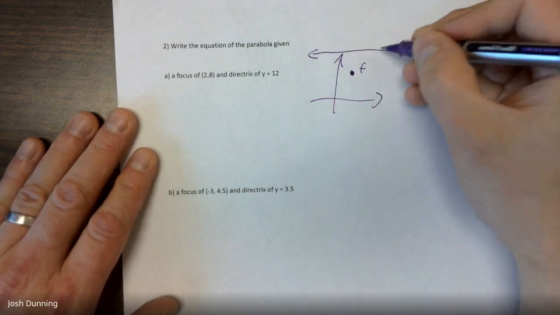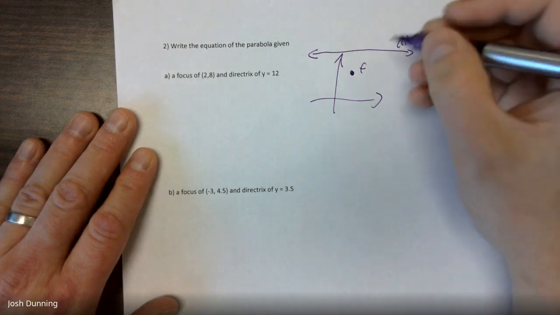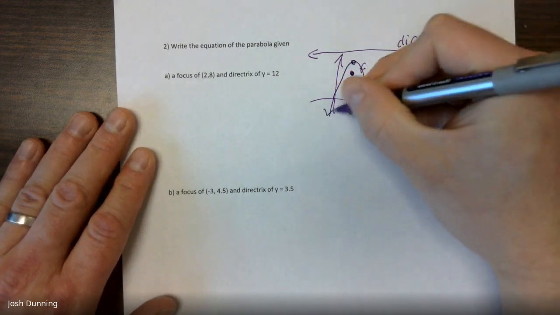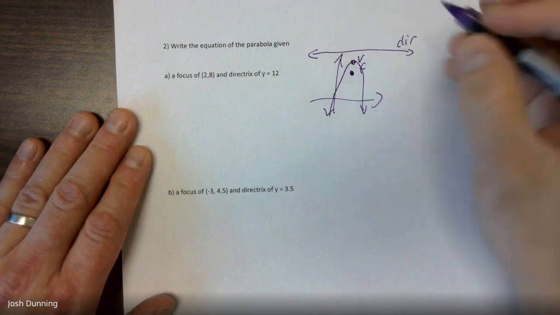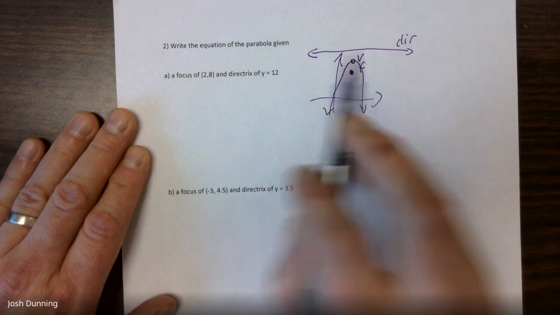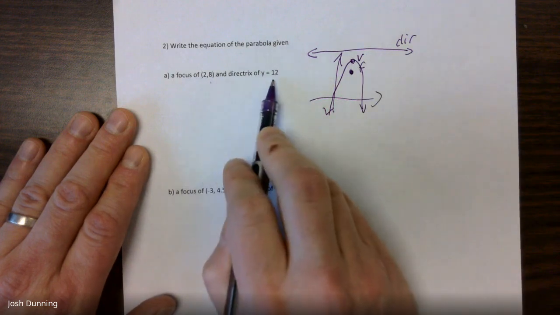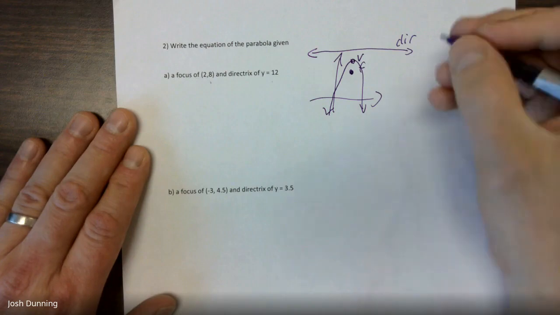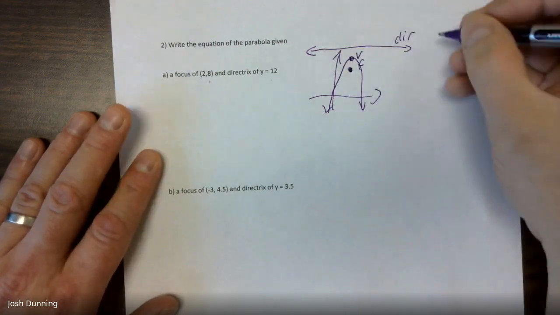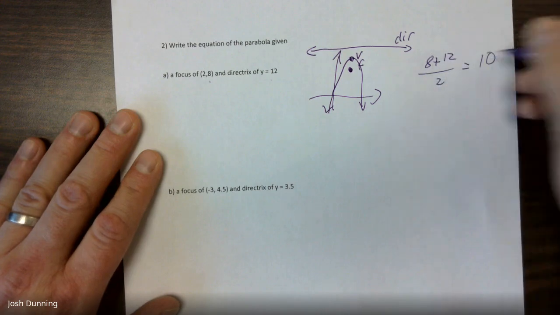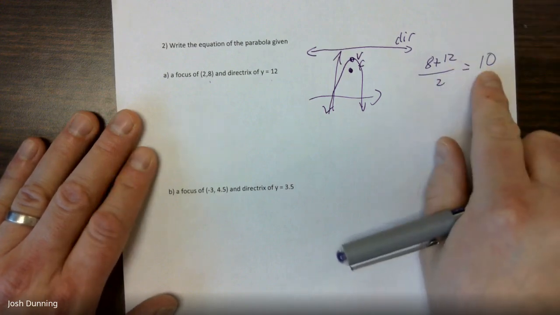Now when your directrix is on top, like we said, you're upside down. Now the key to doing it this way is that you got to remember the vertex is directly in between. So what's in between 8 and 12 is 10. Now, if you can't picture that in your head, add and divide by 2 for the average, just like the midpoint kind of.